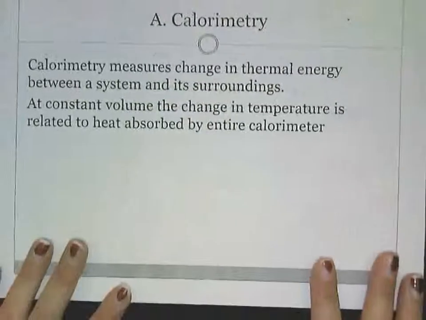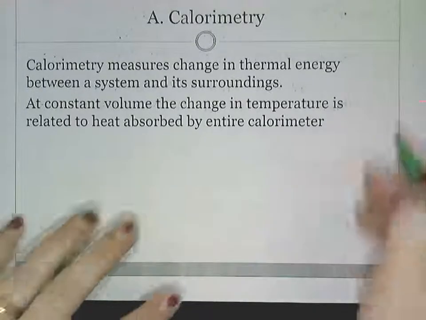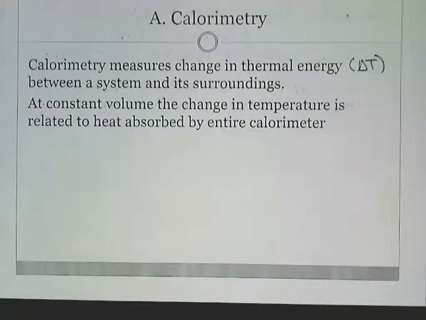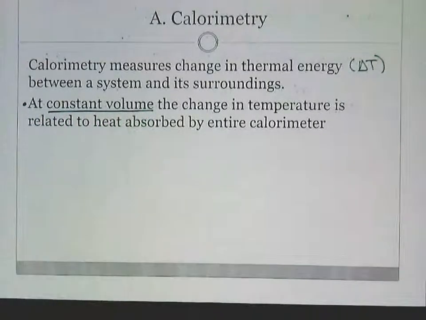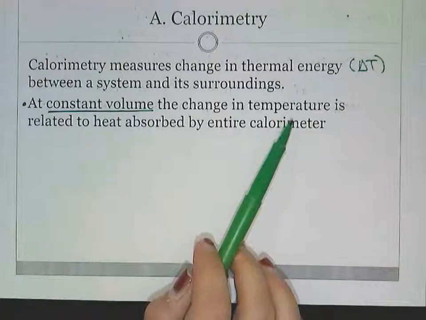We're going to use this technique called calorimetry, whose experimental setup measures a change in thermal energy, a delta T, between a system and its surroundings, as long as you're at constant volume. So as long as I'm at constant volume, any change in temperature tells me everything I need to know about heat.